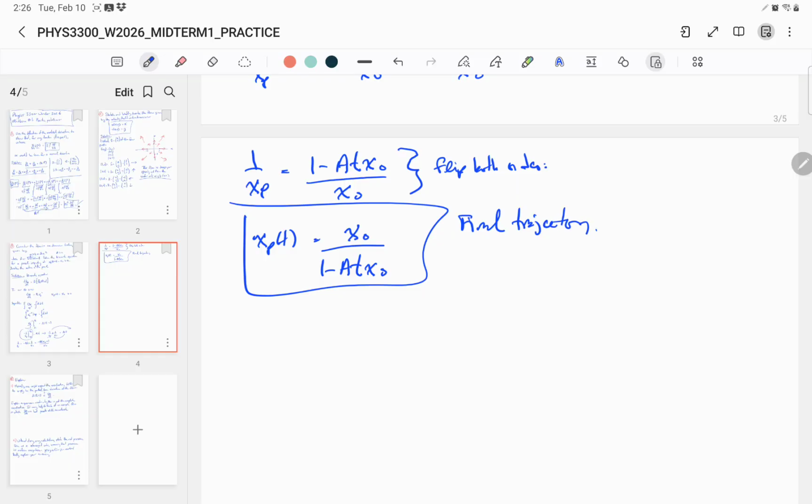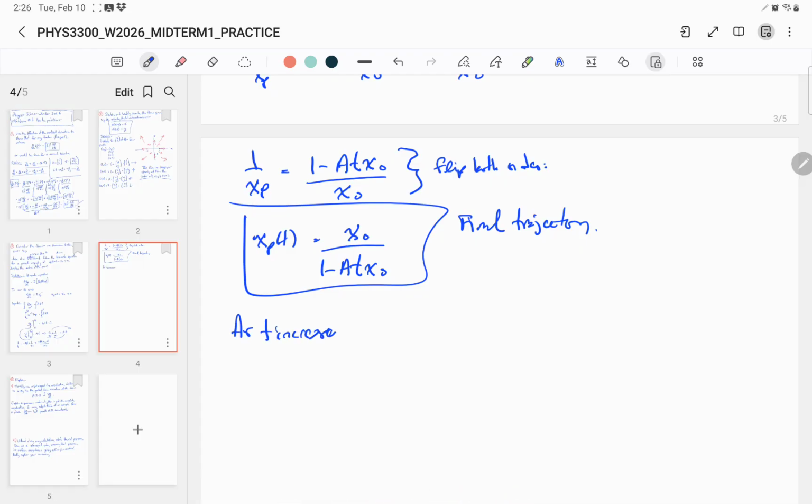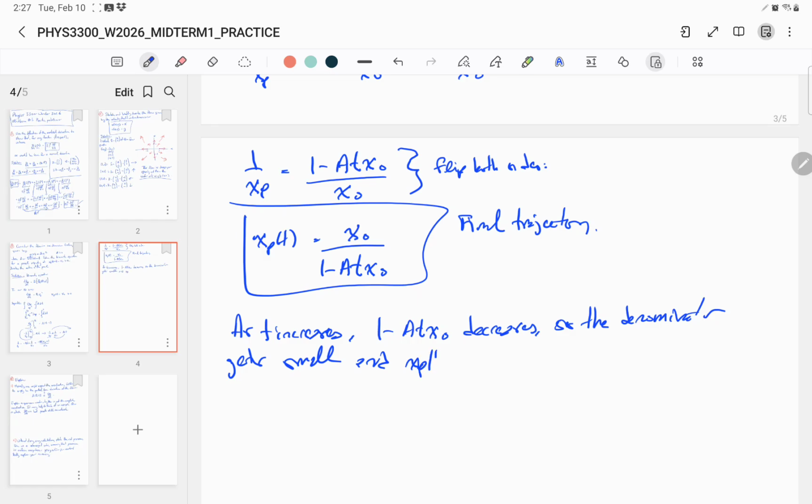And what we can see is that as t increases, 1 minus at x naught decreases. So the denominator gets small, and x_p of t grows. The parcel moves to the right.